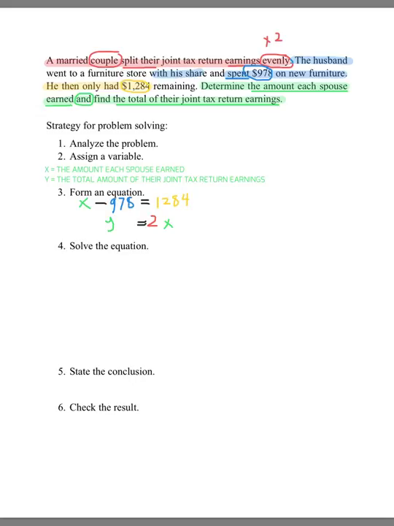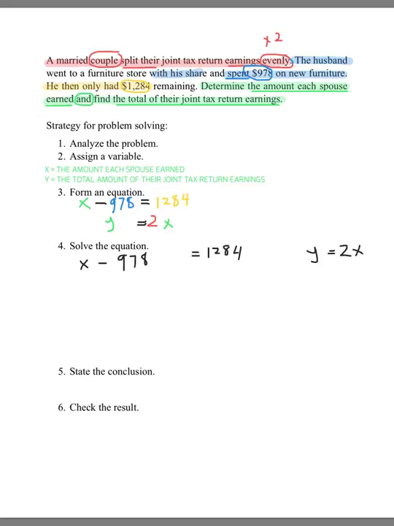Now let us begin solving the equation. We'll start off by copying down the equations. It's going to be the first equation, and our second equation is going to be Y is equal to 2X.